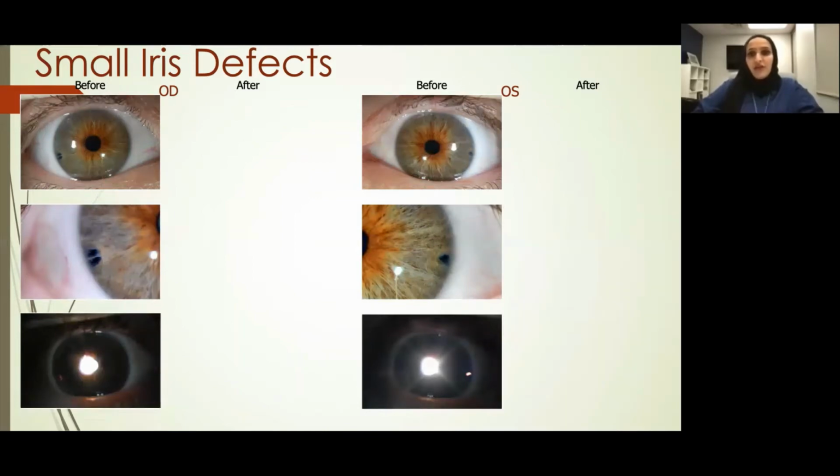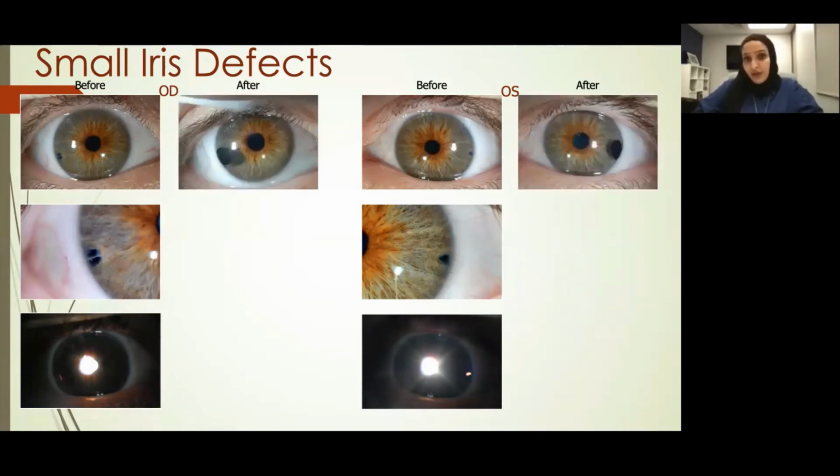The patient complains of monocular diplopia and glare. The trick is to freeze the eye with any topical anesthetic drop, use a surgical sterile marker to color that area, and then ask the patient to go out. If the patient is symptomatically better, then this is a good candidate for corneal tattooing.